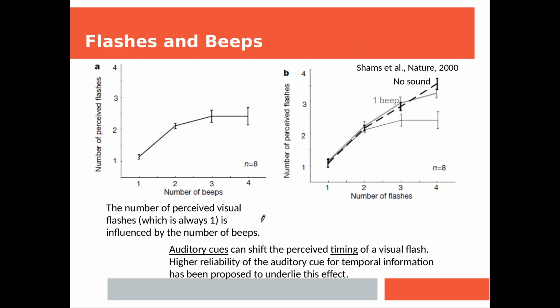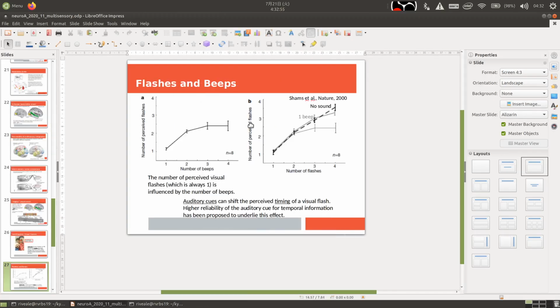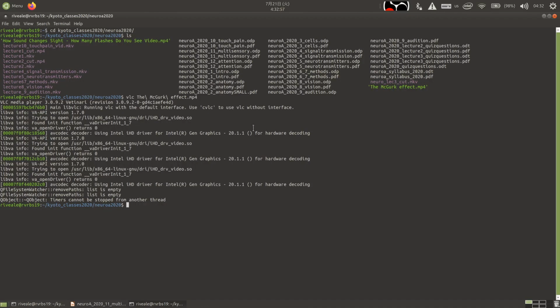So I'm going to show another video really quickly, but basically you can prove that in humans the visual information is stronger than the auditory information by, for example, having this video where you have to count the number of beeps.